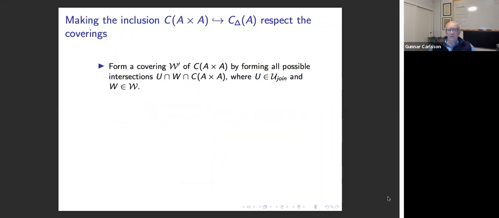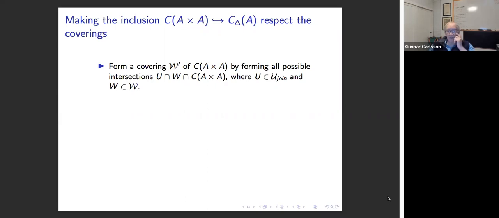So we'll now form a covering of C of A cross A by forming all possible intersections of sets U from the original covering of C of A cross A with this W cross C of A cross A, where U is in U join and W is in W. The reason I'm doing that is I want to make sure that the inclusion of C of A cross A into C sub delta of A in fact preserves coverings.